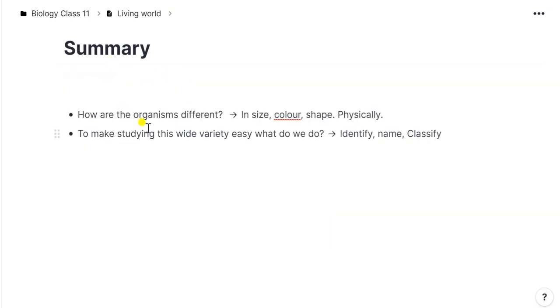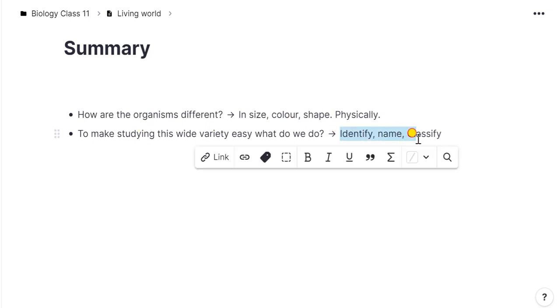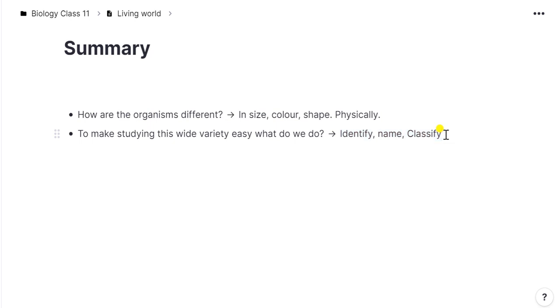So these organisms differ in size, color, and morphology. To make studying this wide variety easy, what we do is identify, name, and classify.